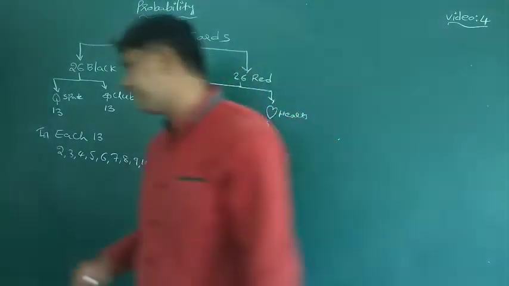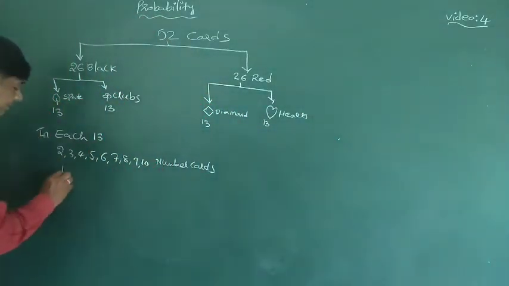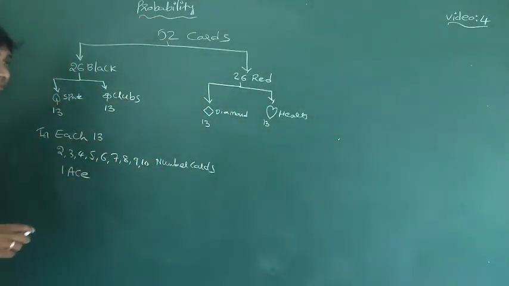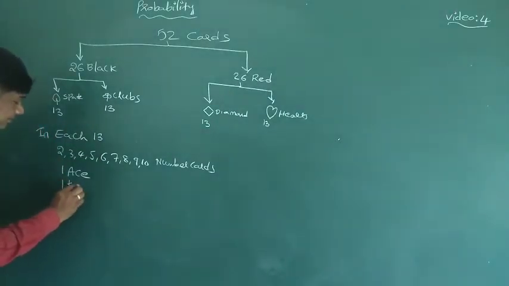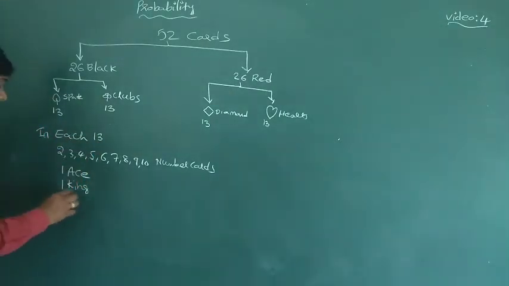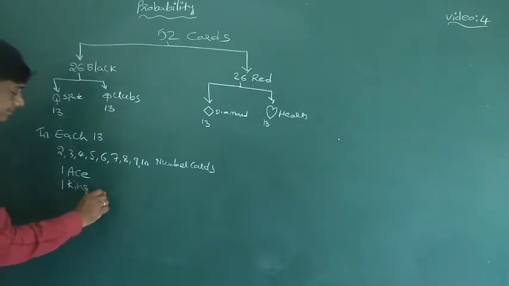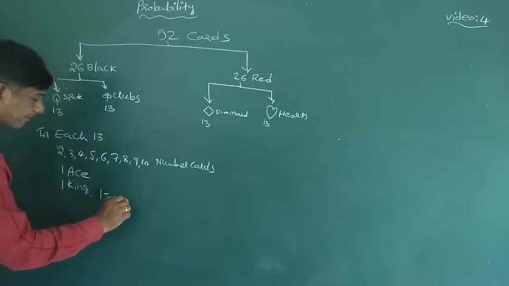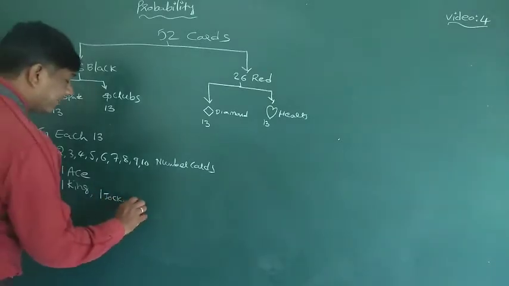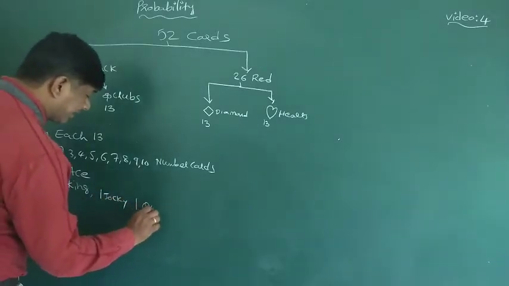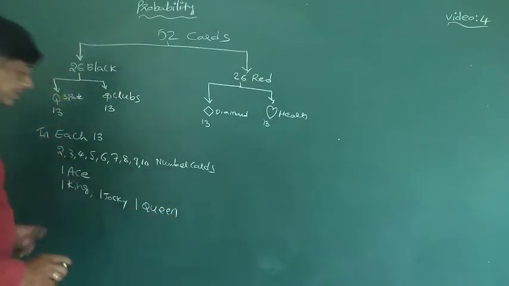1 ace card will be. And another one is 1 king card. Okay, 1 jack. Another one is 1 queen.